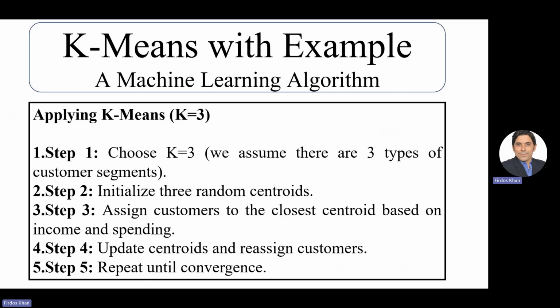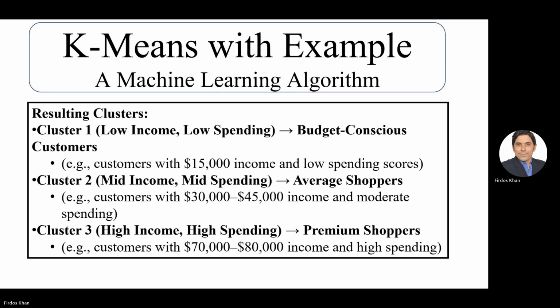You calculate and update the centroids, and then a customer may change from one cluster to another. So in step 4 you update centroids and reassign customers. Repeat until convergence, that is, until there is no change in the customers' clusters.